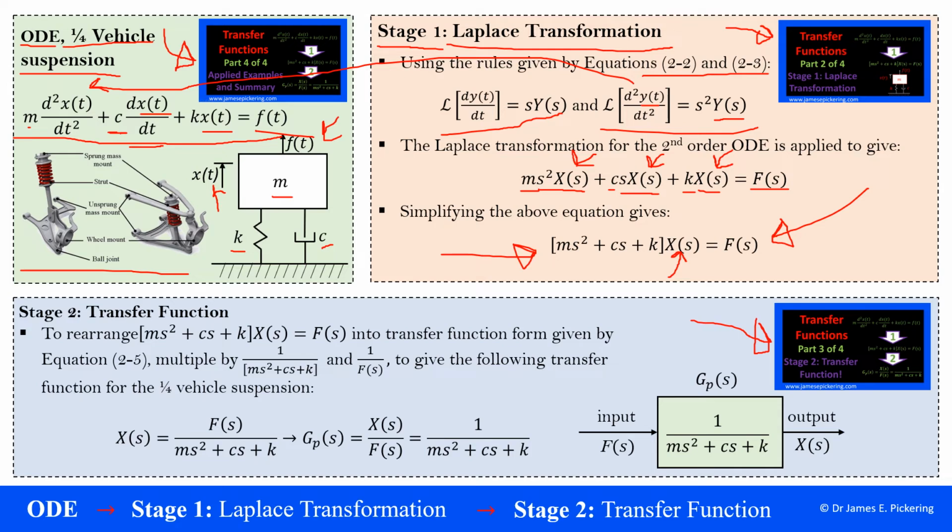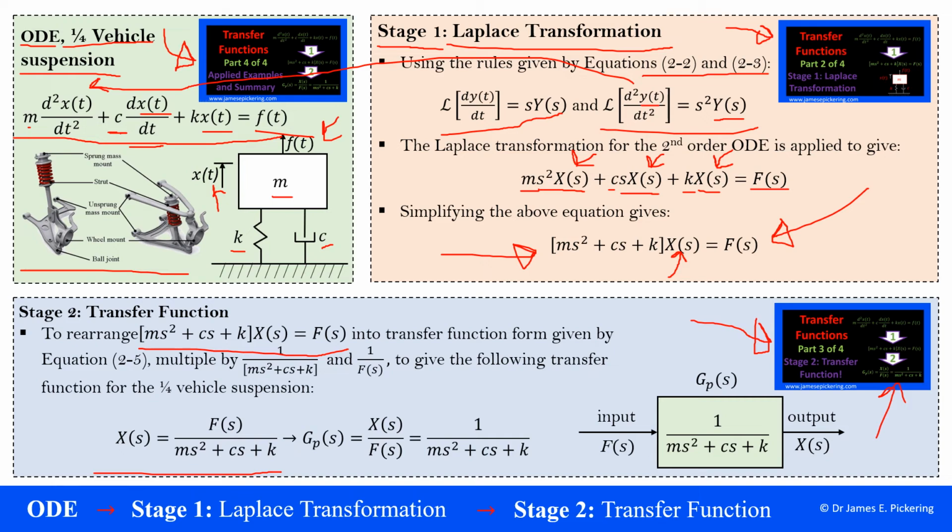You can't do that in the time domain, and that's one of the benefits of moving into Laplace. To rearrange this into transfer function form, given by equation 2.5, again on these slides, we multiply both sides by 1 over ms squared plus cs plus k, and this here is effectively what you will get.